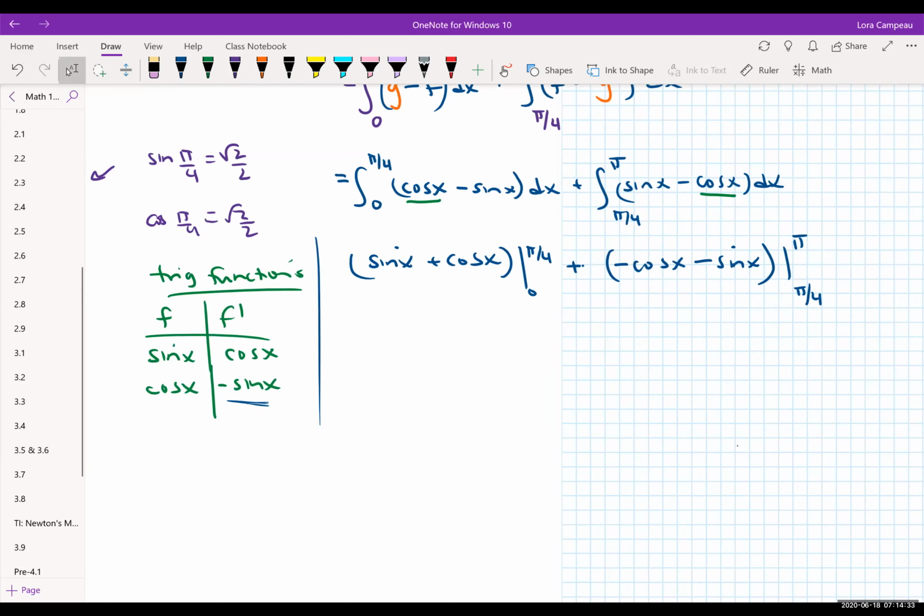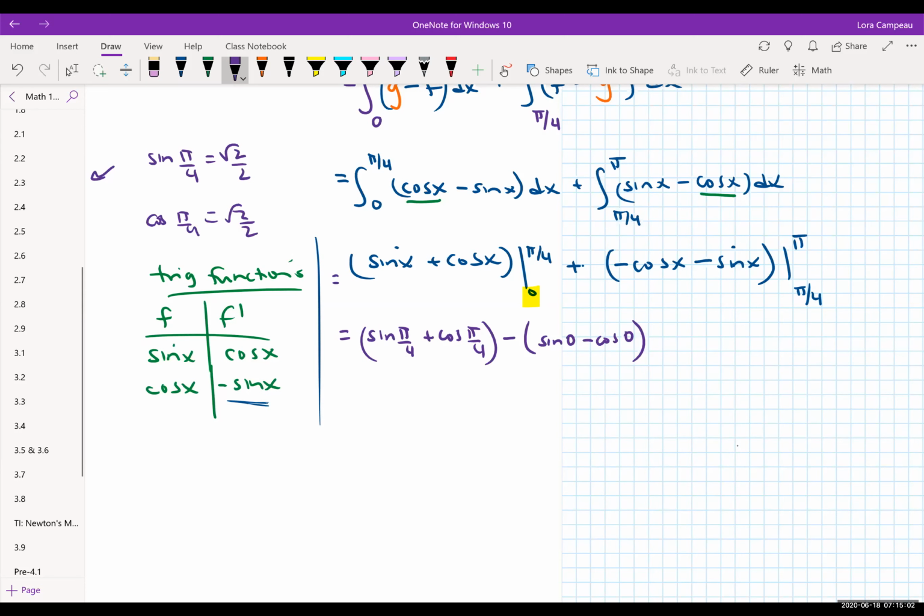Whenever you have trig functions, you want to be careful. We can't assume that 0 will make anything disappear. So take your time when you're evaluating these. If you're going to plug them in with the fundamental theorem of calculus, we have sine of pi over 4 plus cosine of pi over 4. That's the first part. Subtract off sine of 0 minus cosine of 0.